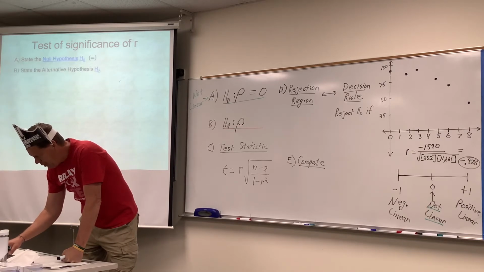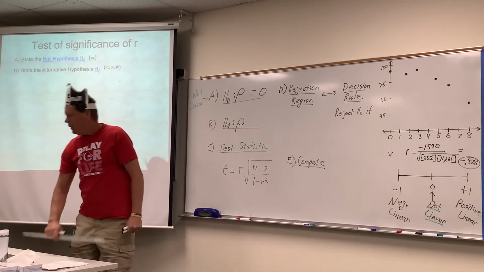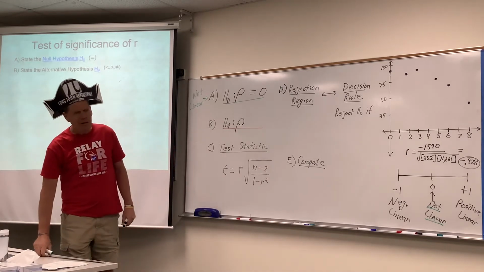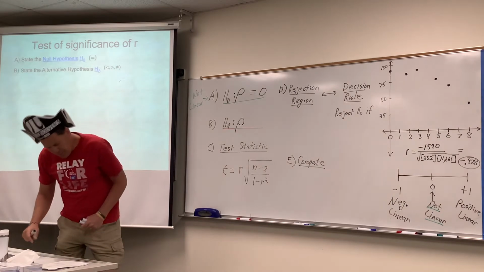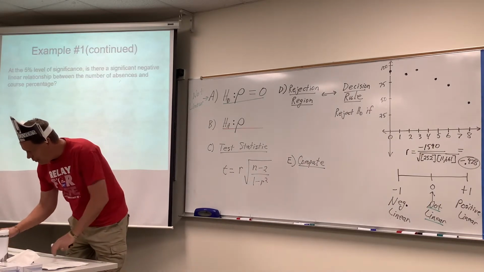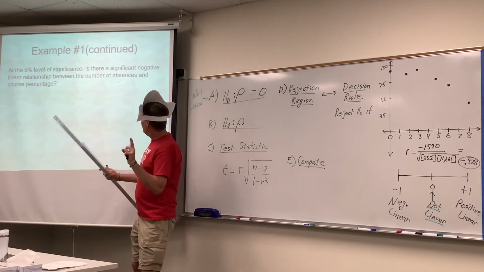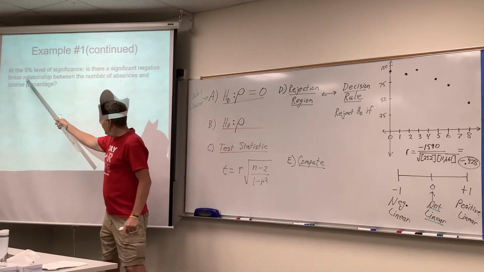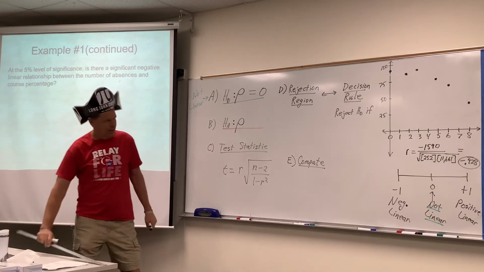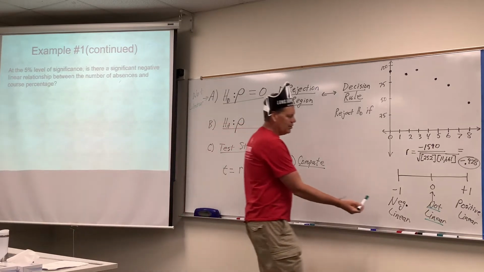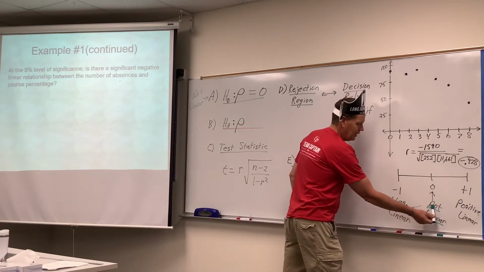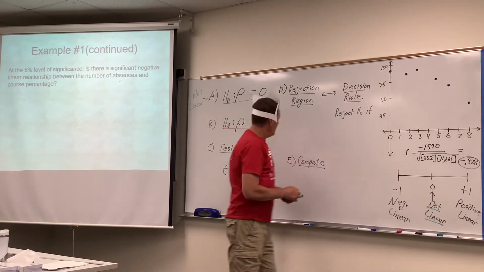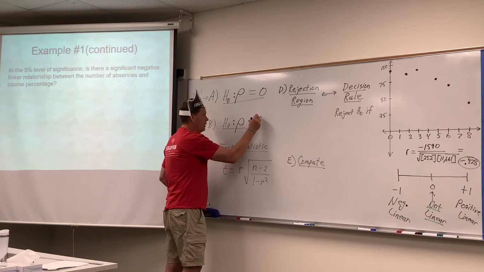Now, your alternative, as we've said before, could be any of these 3, and I would take you back to the fact that this question wanted us to test whether or not there is a significant negative linear relationship. So wouldn't your correlation, if you're going to be significantly negative linear, be less than 0? So that's the key wording there.